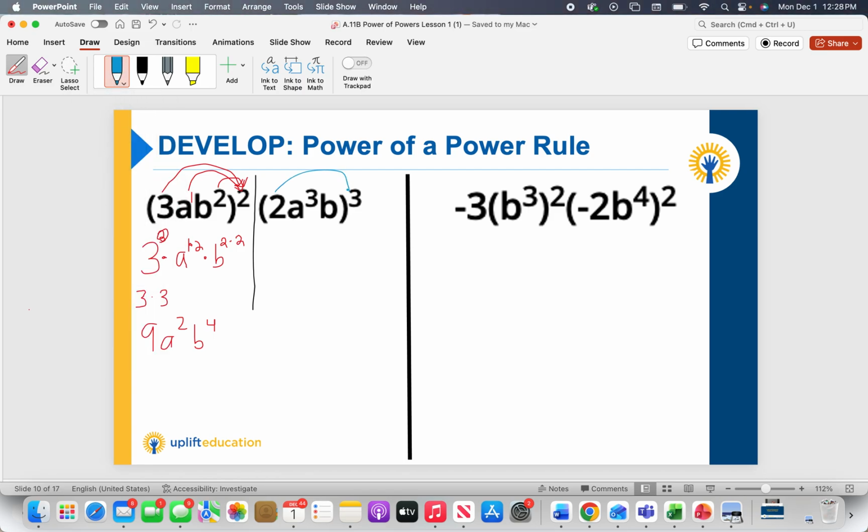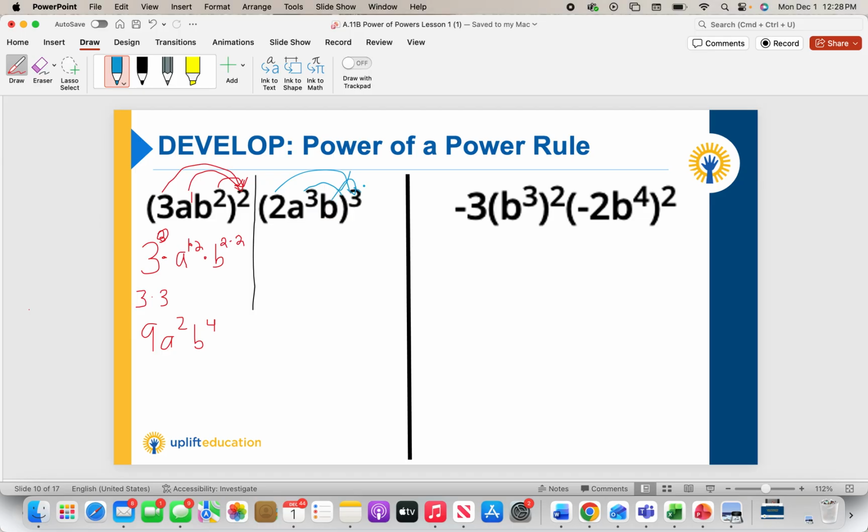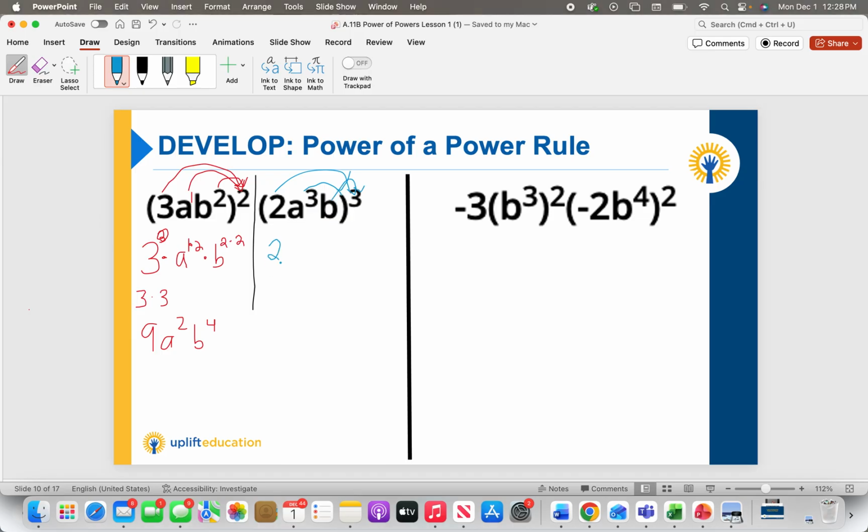So the same thing, we have to use the distributive property here of this power. So we have 2 to the third power. Then we have a 3 times 3. And then we're going to have b 1 times 3. Why? Because there's no number right here next to this b.